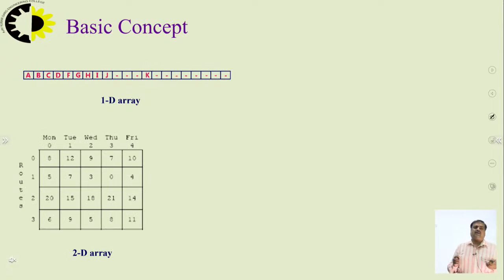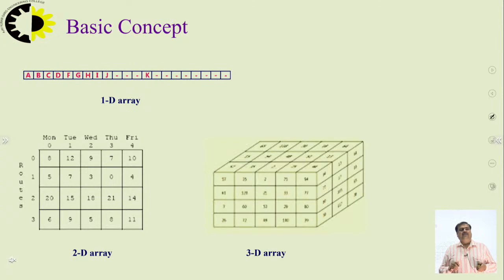Sometimes we require data which has two dimensions, like row and column. So the data that we require in the form of rows and columns, then we can use a 2D array. And sometimes there is a possibility that we want to store data like city, temperature and date.